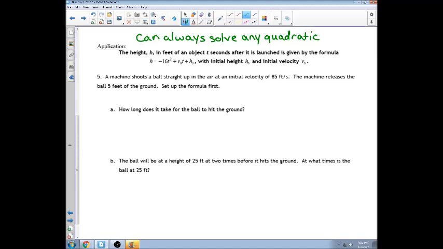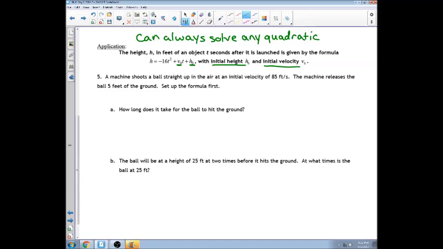So what it says is the height, h, in feet of an object t seconds after it is launched, is given by the formula h equals negative 16t squared plus v subscript 0 times t plus h subscript 0, with the initial height being h0 and the initial velocity being v0.